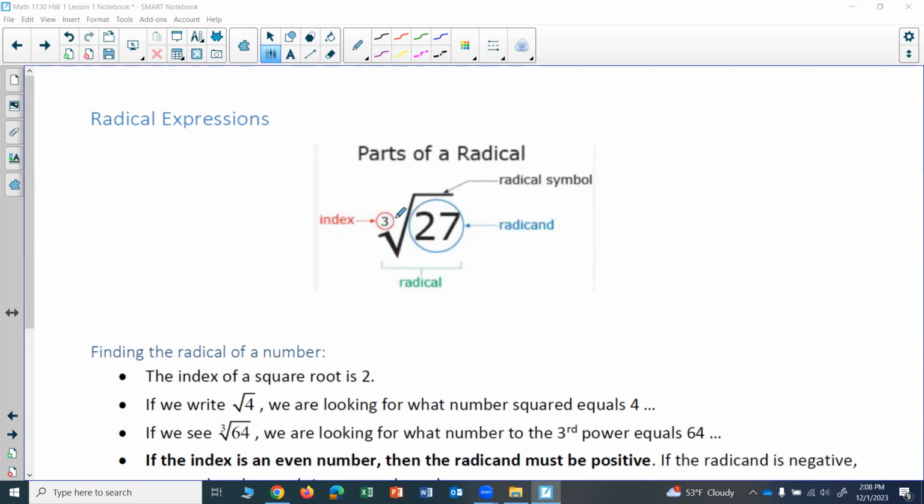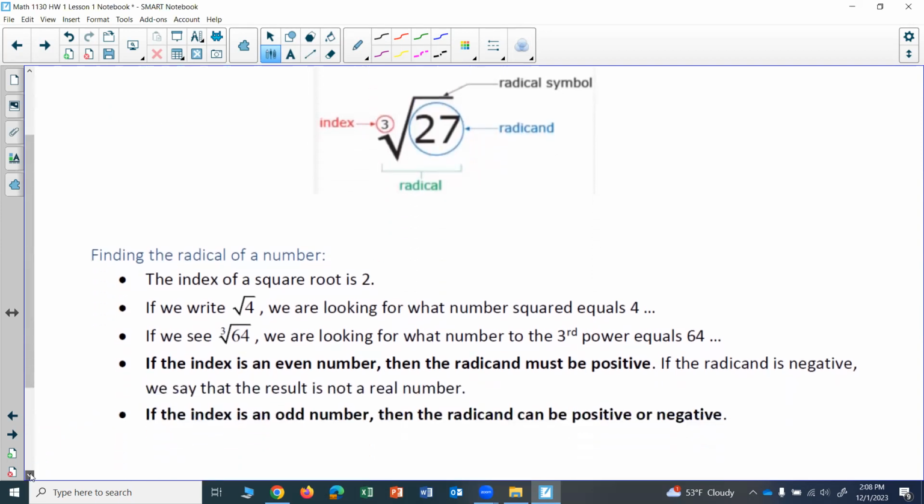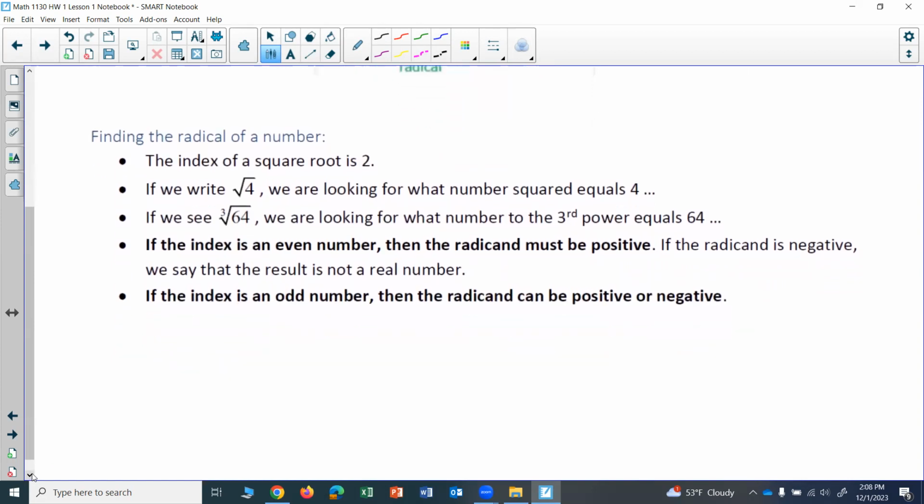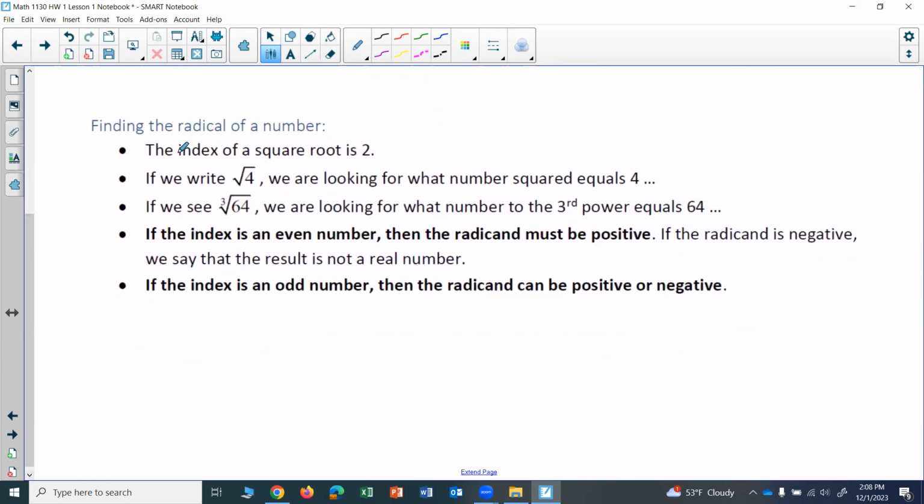So we would read this as the cube root of 27. The index tells you what root you're taking. Now, when you're finding the radical of a number, the index of a square root is 2. So for example, if we write the square root of 4, we're looking for what number squared equals 4.